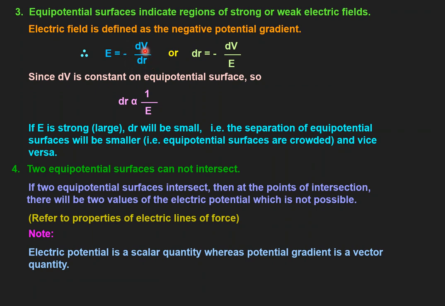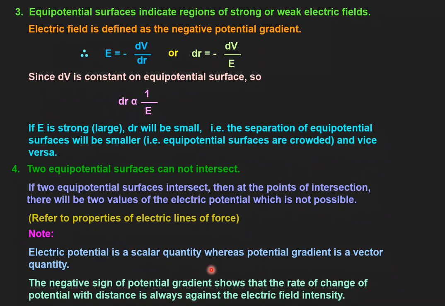That's why it becomes a vector quantity. So electric field is a vector quantity, electric potential is a scalar quantity, but the gradient of electric potential is a vector quantity, and from here electric field is the negative gradient of potential.